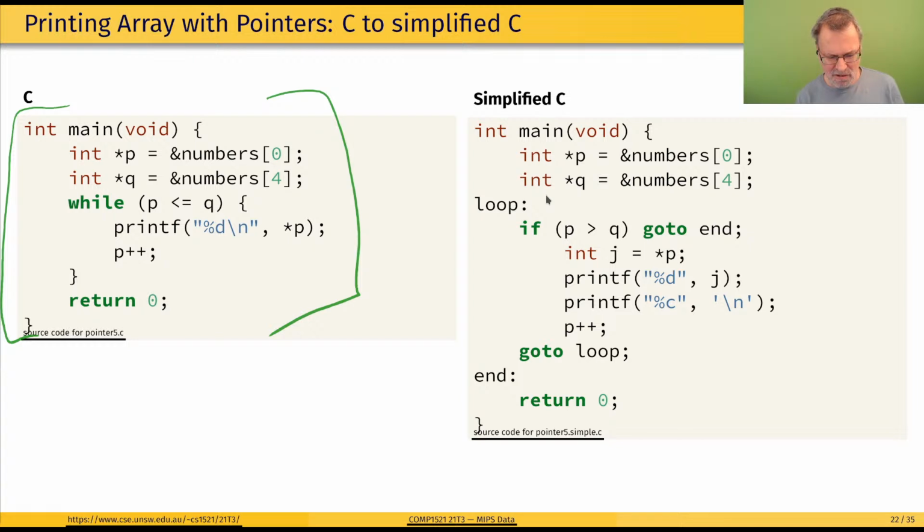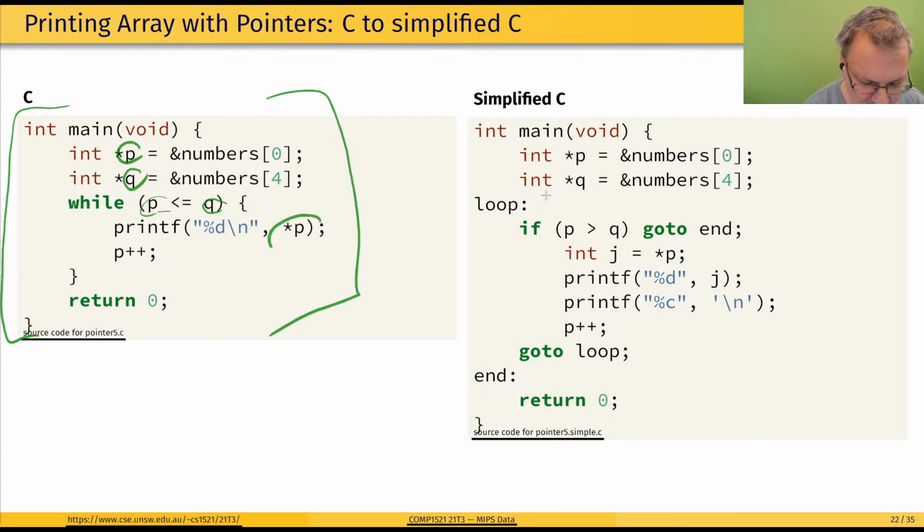Alright, so what do I do? I've said make P point at the first array element, make Q point at the last array element, then while P is less than Q, that'll print out whatever array element P points to. If you've got pointers into an array, you can compare them using the usual comparison operator, and if P points to an array element before Q or the same as Q, that loop will keep executing.